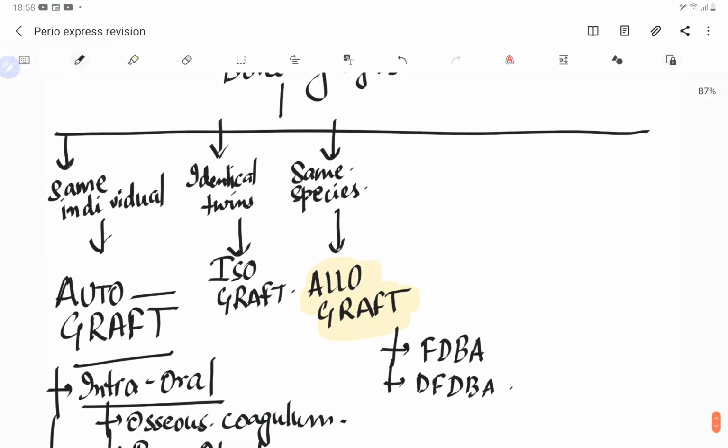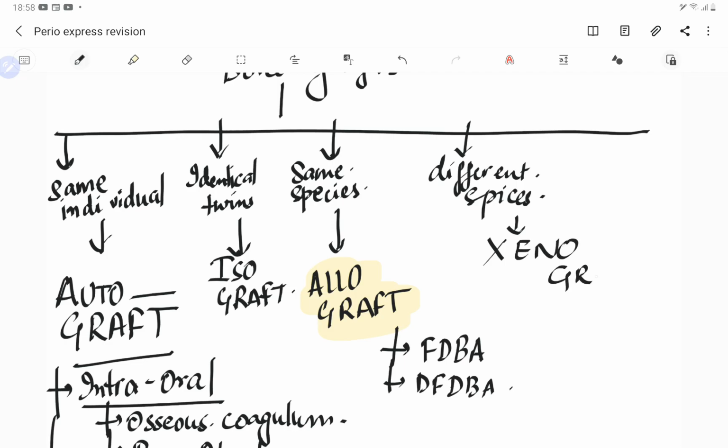Also guys, you can use the synthetic as well. But first of all, let's take the natural sources. So if you take from a different species, say suppose from a pig or any other animal, not the human being, that different species graft is your xenograft.